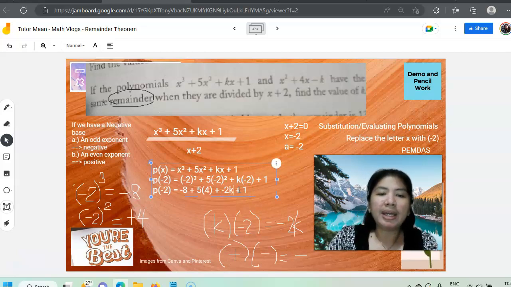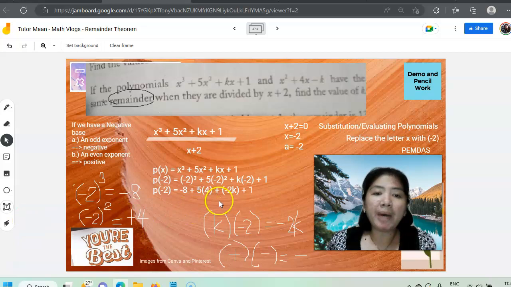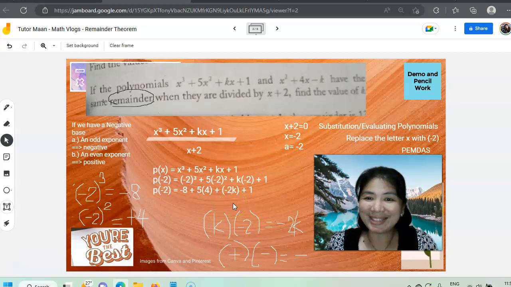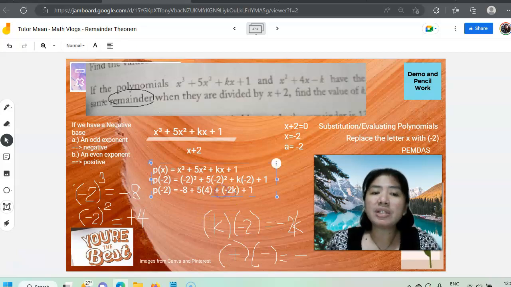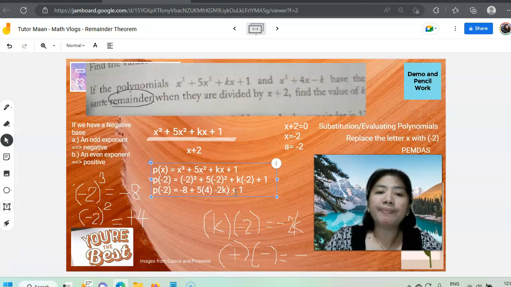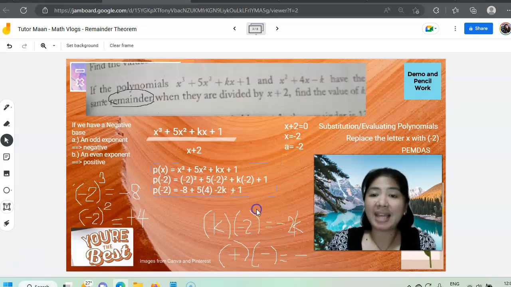Now you might have noticed that we have a positive and a negative next to each other in an expression. Then we can just remove the positive sign and keep the negative sign.